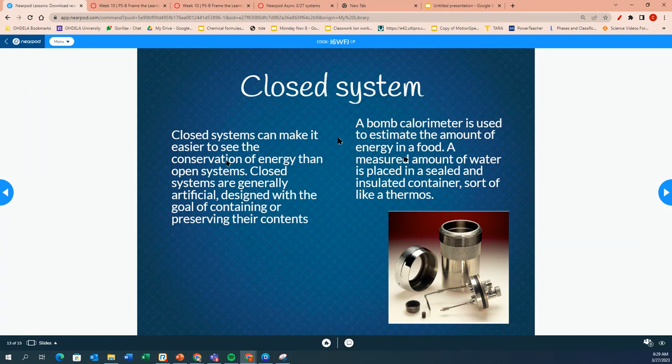A measured amount of water is placed in a sealed, insulated container, sort of like a thermos. So we can measure the temperature change and then tell how many calories are in a food. So this is an example of a closed system.